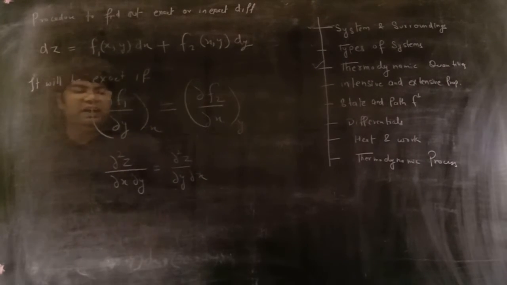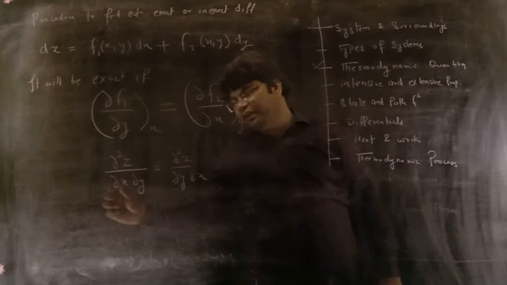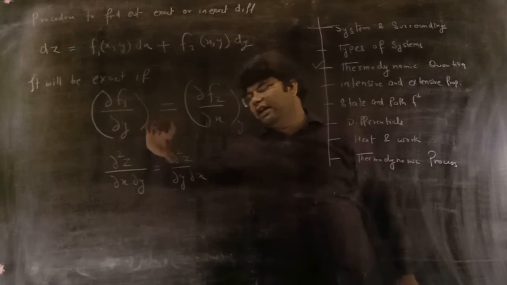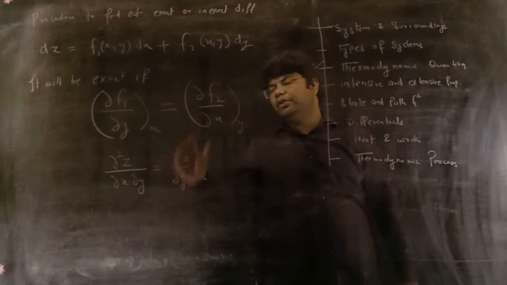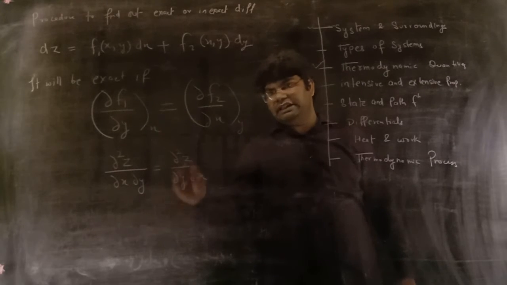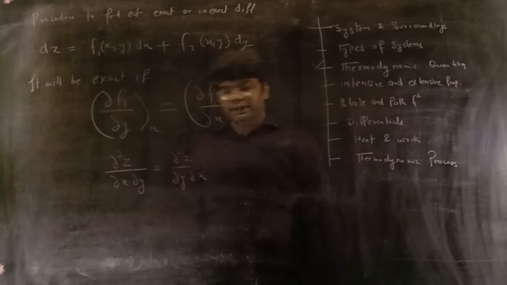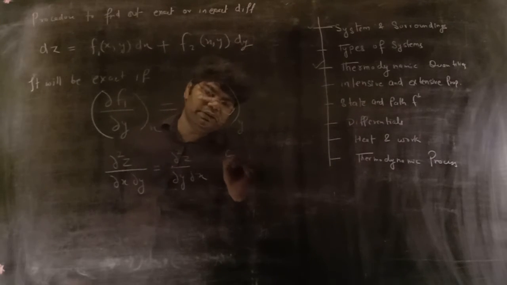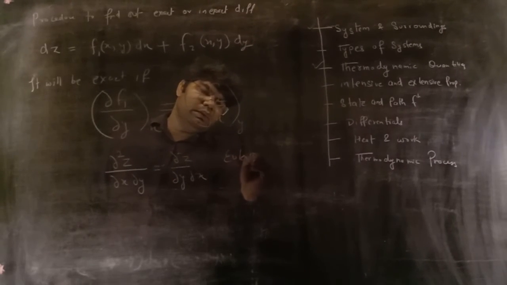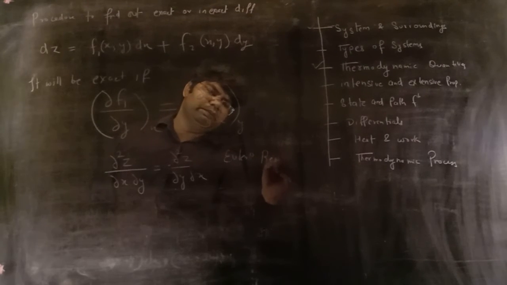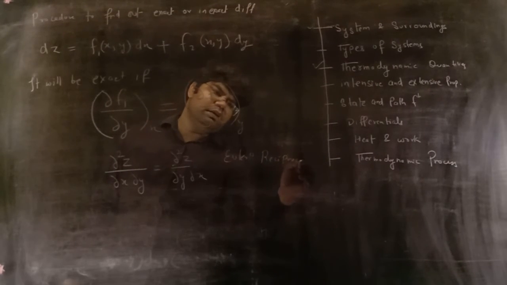It means first you partially differentiate with respect to x, then y, and the result should be equal to partially differentiating with respect to y and then x. This is nothing but Euler's reciprocal relation.